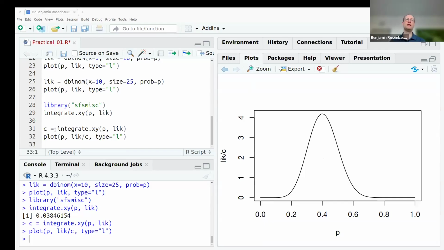So by knowing the integral here, we can scale this whole thing into something which we can use for calculating probabilities. But usually you do not know the value of this integral. This is only possible because we just have one parameter and we can use this nice function to calculate this. If you have more than, let's say, 2 or 3 parameters, this becomes really unfeasible, and we do not have access to this way of calculating the integral.